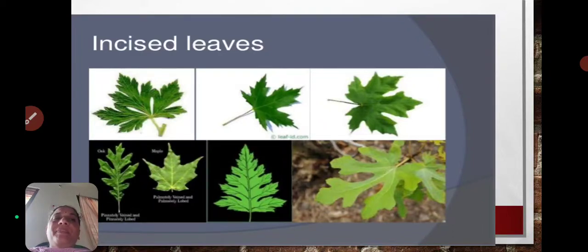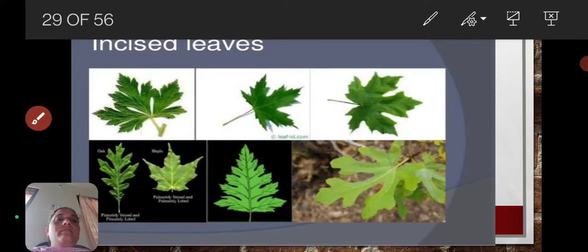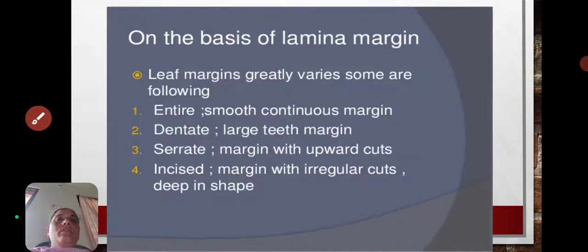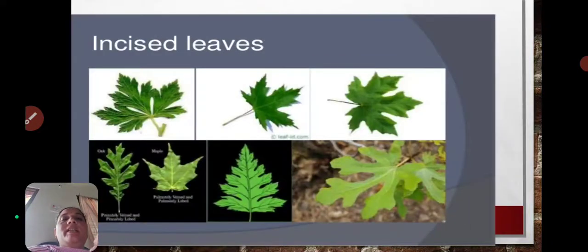In some positions it looks like serrate, in some positions like dentate, and in some like entire leaf margin.